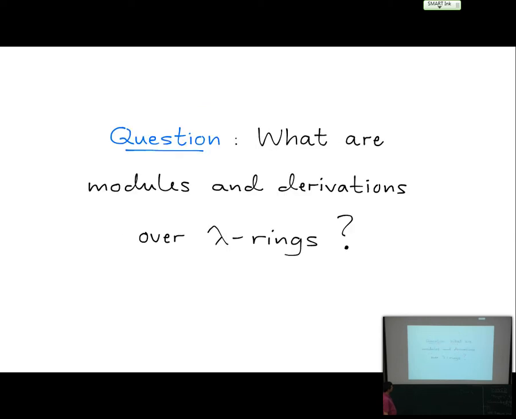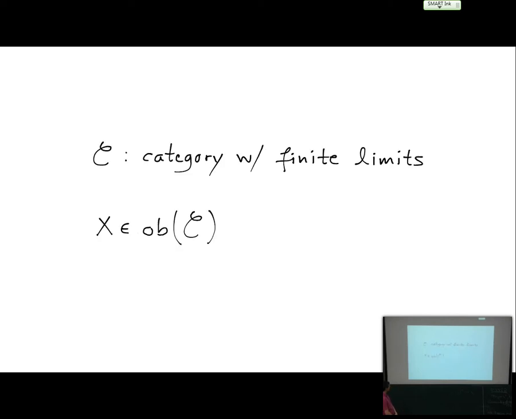Well, this begs the question of what are modules and derivations for lambda rings. And so I asked myself this question, and it should say Beck on this. So Beck, in his thesis, I think, whenever you have a category with finite limits and an object X in that category, has a definition of a category of modules over X and derivations of X to an X-module.